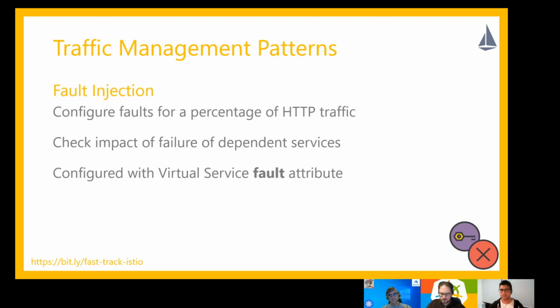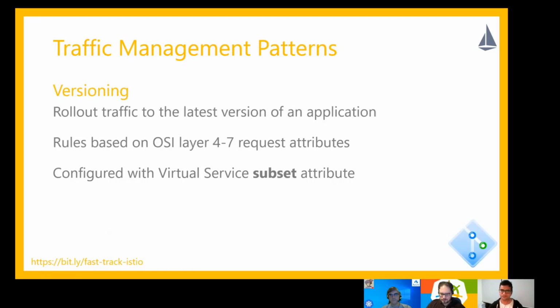For example, if service A is talking to service B, you can spoof that service B will return false for 90% of the time and only return success for 10% of the time. So in a sense, you can test the dependency between two services by injecting false into one of the services. You again use the virtual service fault attribute for programming this.